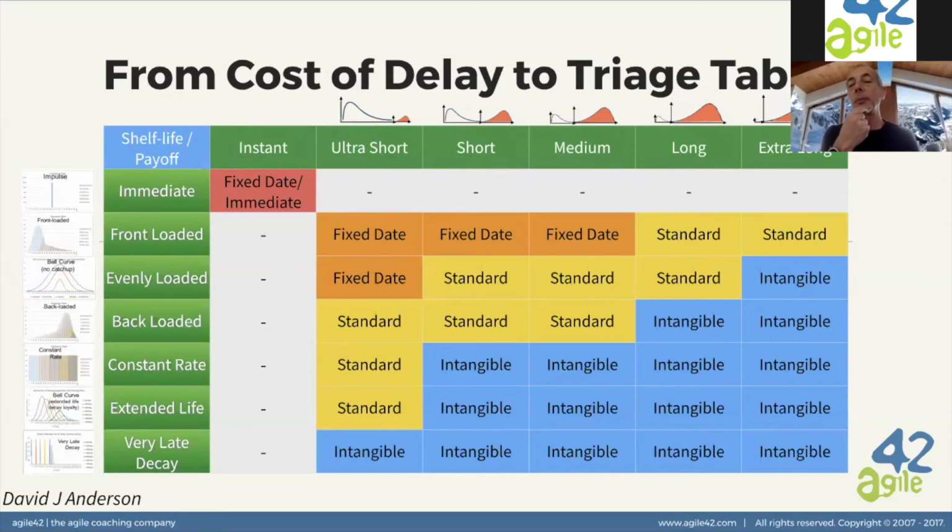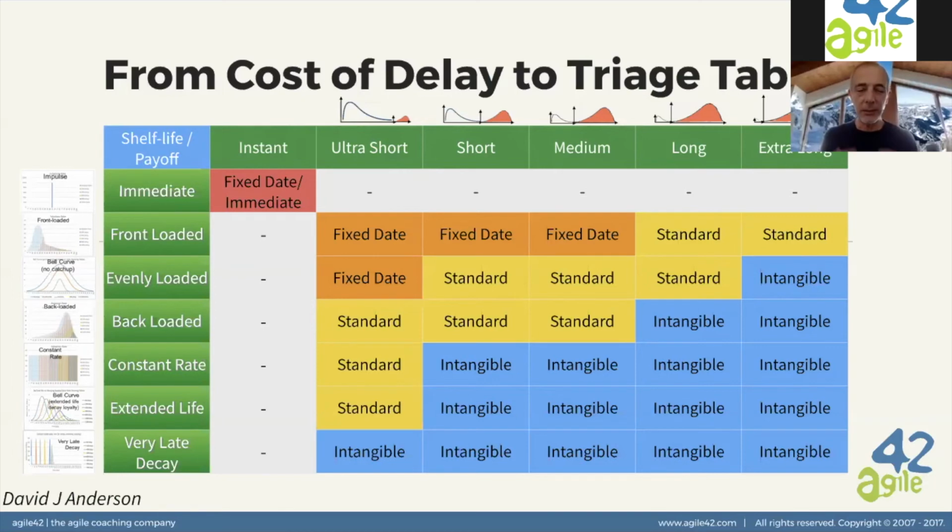So you see you have a short ratio between the payoff function and the time required. And if you have a bell curve, then you should assign the standard class of service, and so on. This is a very practical, fast, and effective way to assign classes of service to our initiatives.